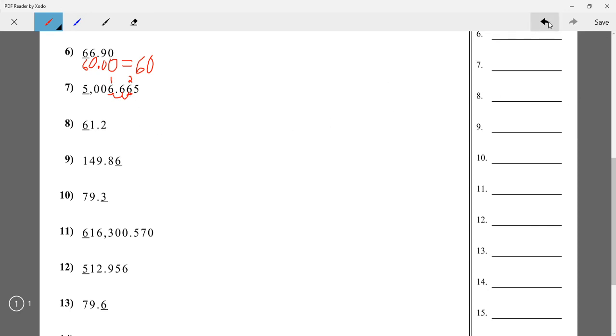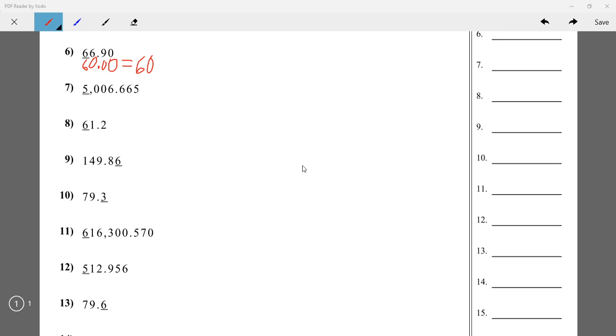So hopefully that makes sense there. We'll get into that a little bit more, I think, in future videos. But hopefully that's a good introduction, because that is a common question that they ask for some reason. Like, how does the 6 in this number relate to the 6 in this number? How many times more is it worth?